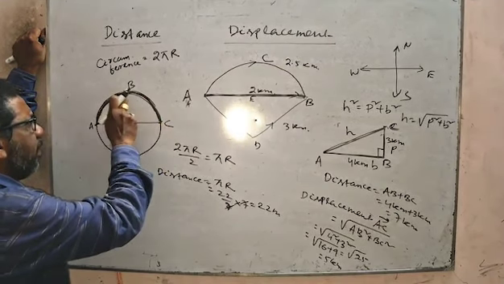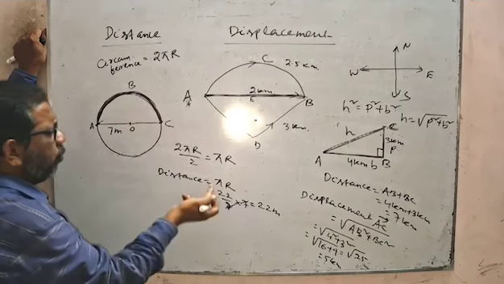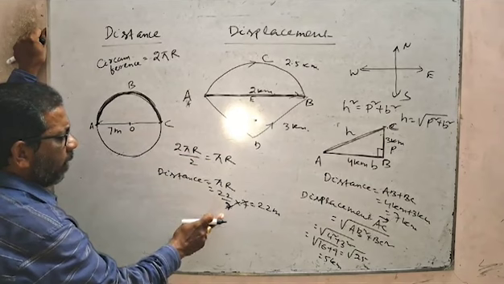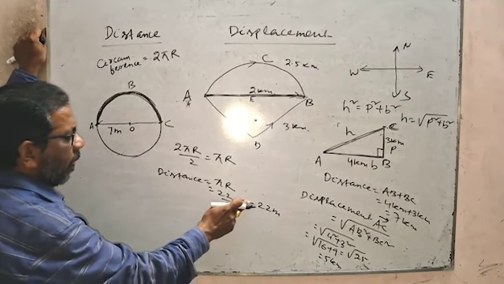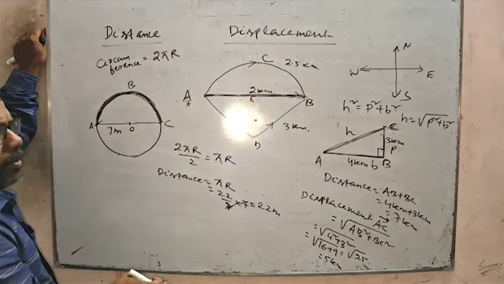It covers the semi-circumference, which is 2 pi r by 2, that is pi r. So distance is pi r, which is 22 by 7 into 7. The 7s cancel, and 22 meters is the distance covered.